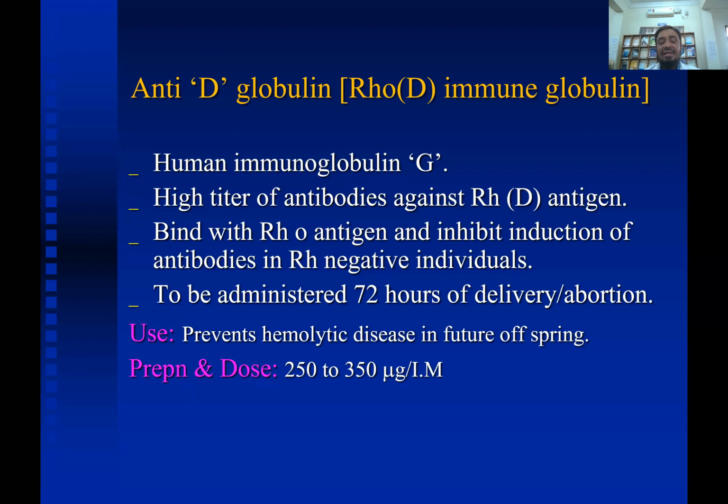This is to prevent hemolytic disease in the future offspring. The dose is 250 to 350 microgram intramuscularly, and it is the treatment of choice to prevent hemolytic disease in future offspring of a Rh negative mother.